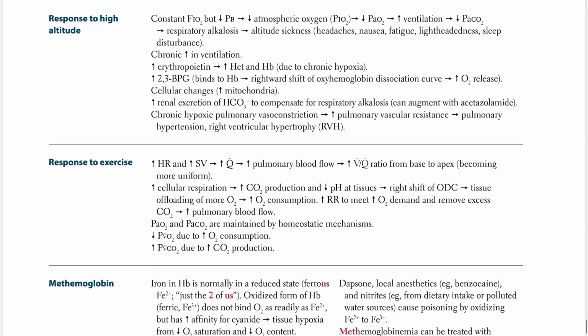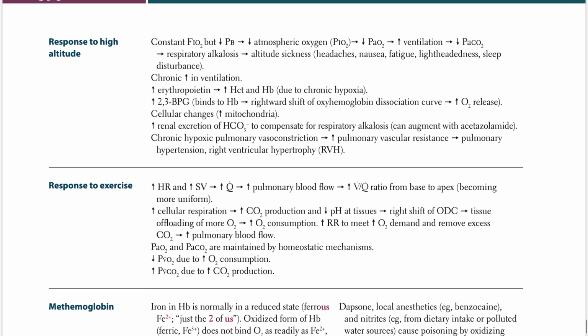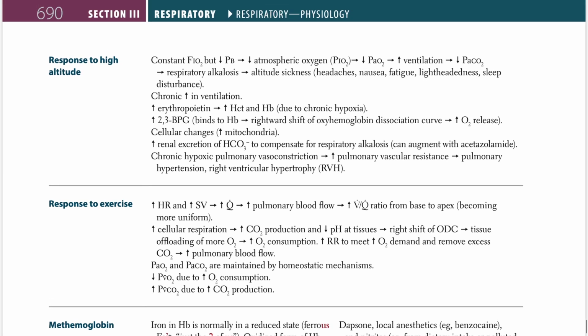So response to high altitude, let's talk about this one. We have a constant FiO2 in high altitude, but there is a decrease in the atmospheric pressure. And what is FiO2?